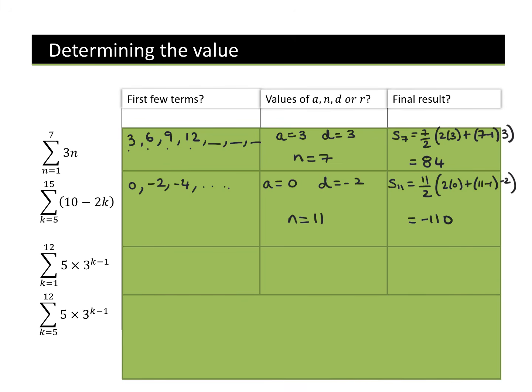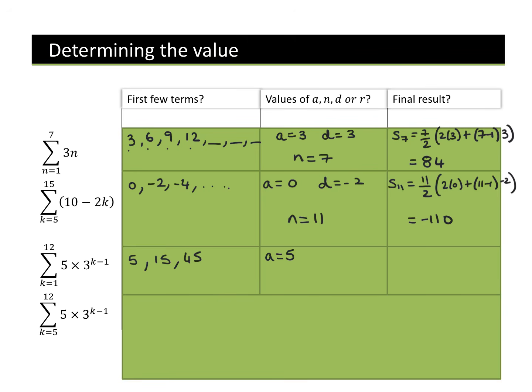Okay, for the next one, k equals 1. If I substitute this in, 5 times 3 to the power of 0, 5. k equals 2, 5 times 3, 15. k equals 3, 5 times 3 squared, 5 times 9, 45. Our a is 5.